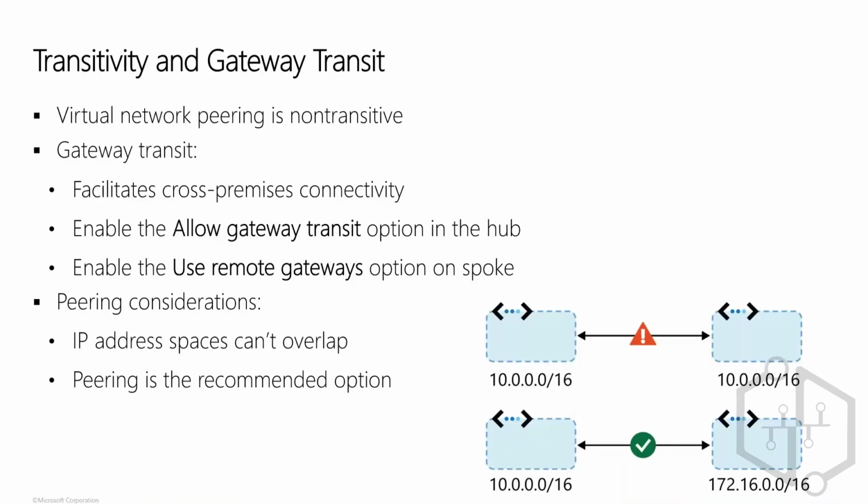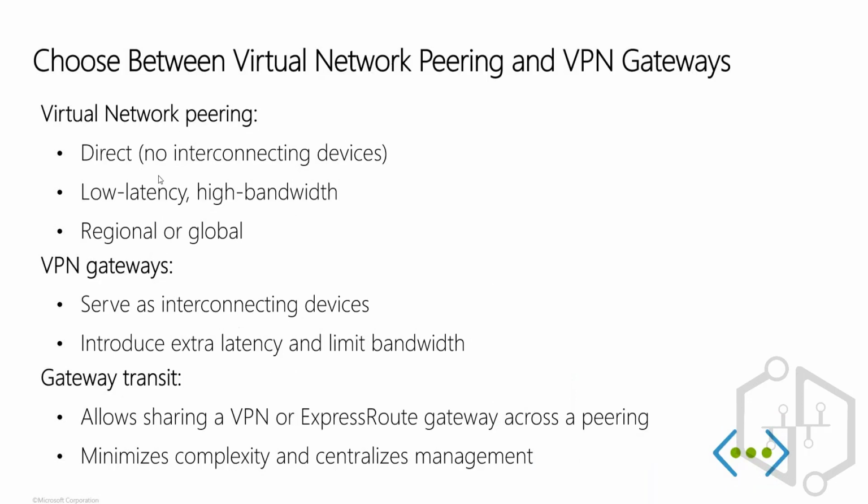In terms of peering, what I mentioned is your IP addresses cannot overlap, right? When you're using your gateways, don't use forwarding over here. The request should originate from the main machine itself. Don't use VNet forwarding.